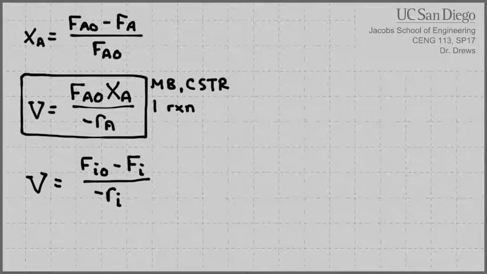So we've written them all here in terms of A, but it works regardless of which one it is. If you're worried about the signs between those, just work through the signs and use a little bit of intuition. If I didn't feed anything, it must have been positive. So that number should end up being positive.